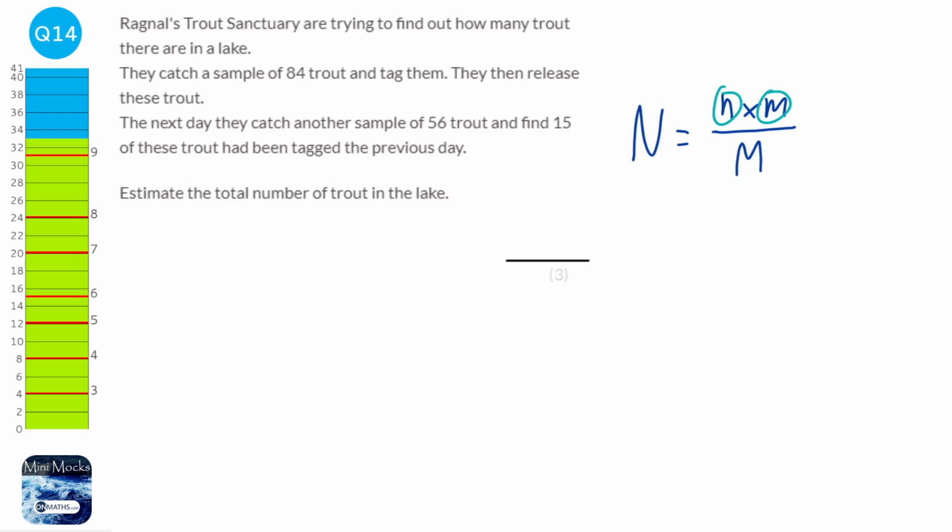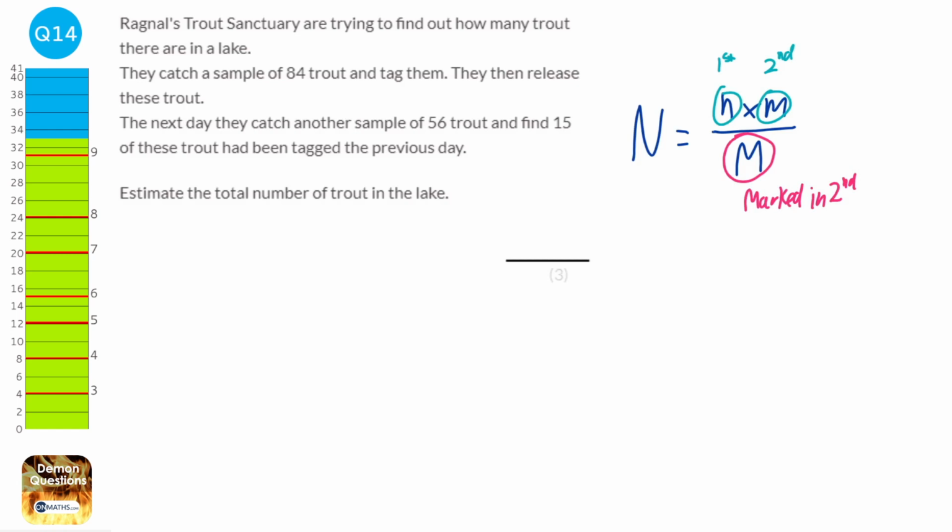So they're the size of each sample, and this big M here is the amount that were marked in the second sample. So n is the first sample, m is the second sample size, and then M is marked in the second sample, because obviously you're going to mark all of them in the first sample.